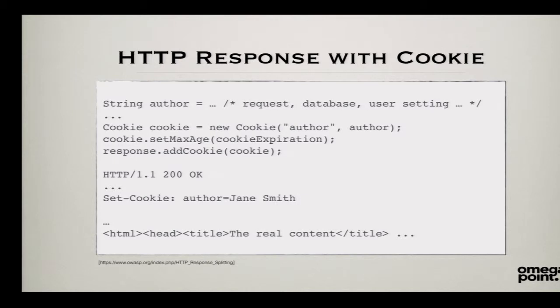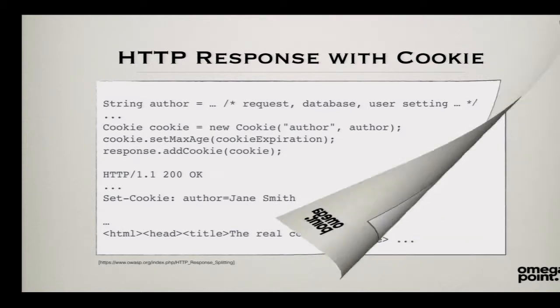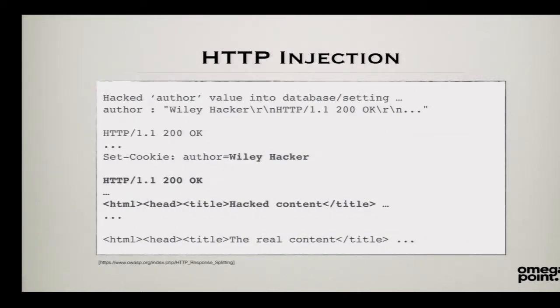So HTTP 1.1 200, okay, you know what the HTTP response looks like. So, Evil Hacker managed to somehow change my user settings into having the favorite author Wiley Hacker \r\n HTTP 1.1 200, okay, etc.